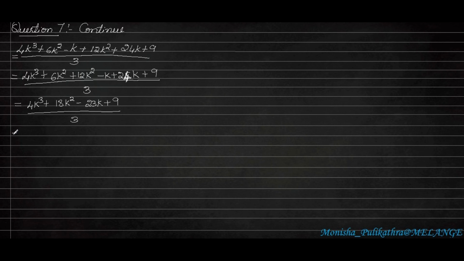Next you have to do some more interchanges here. That is, we have to split a number into 2 so that we can factorize it easily. So 18k square, I will be splitting it in the form of 14k square plus 4k square. So 14 plus 4 is 18, k square is same. So 14k square plus 4k square is 18k square.